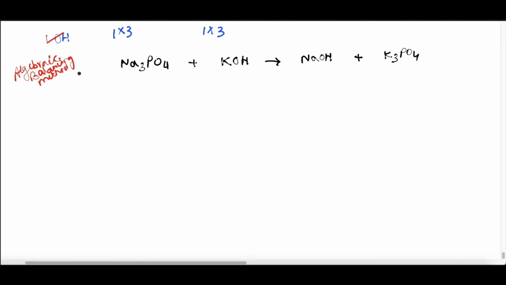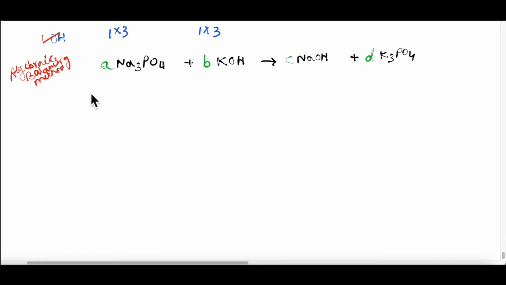Now for this algebraic balancing method, what we do? We assume the coefficients to be alphabet A, B, C and D. After that, the next step is we will write down all the elements present in the reaction separately. So we have sodium, phosphorus, then we have oxygen, then potassium, and we are left with hydrogen.